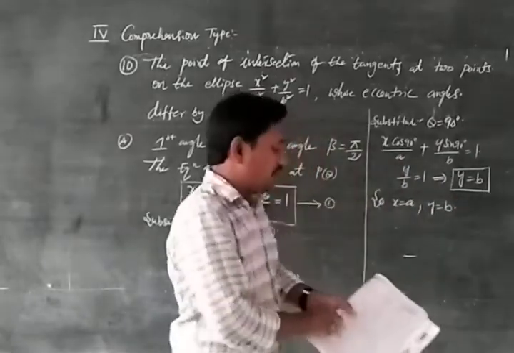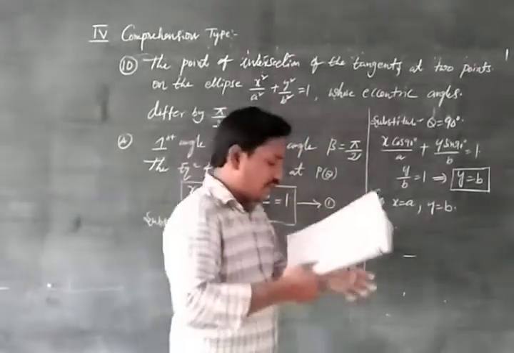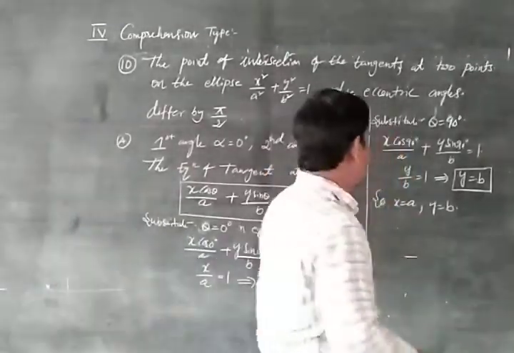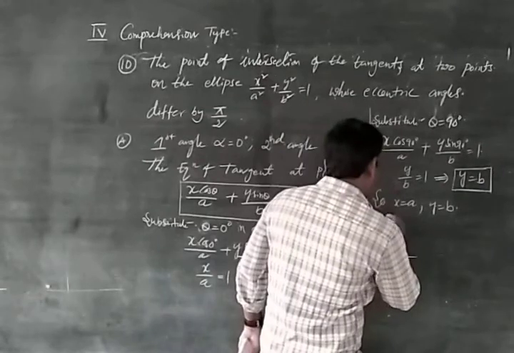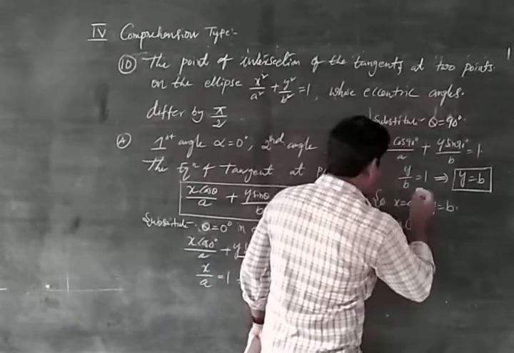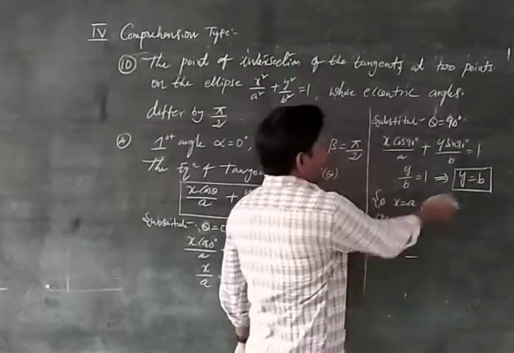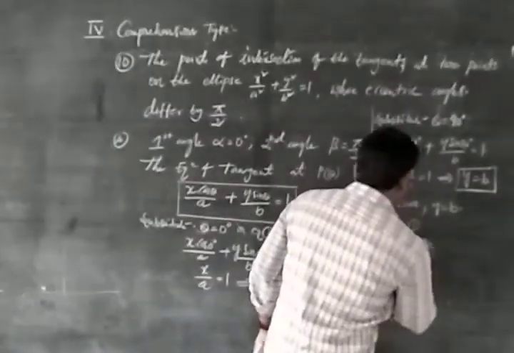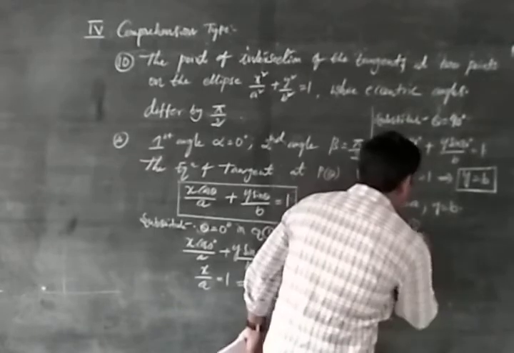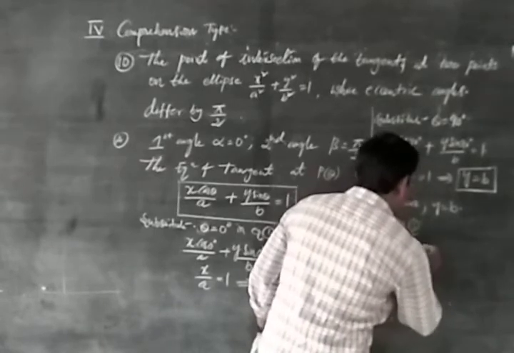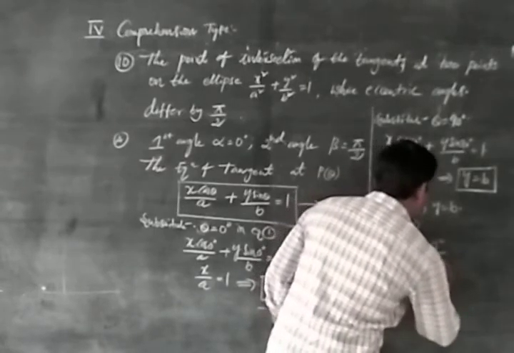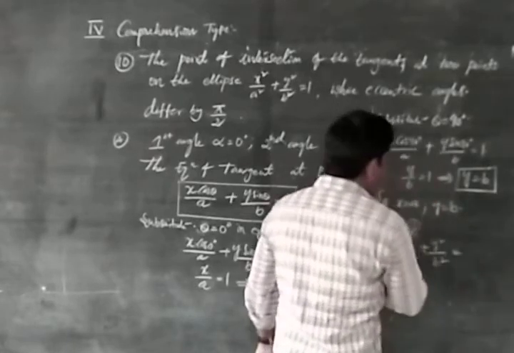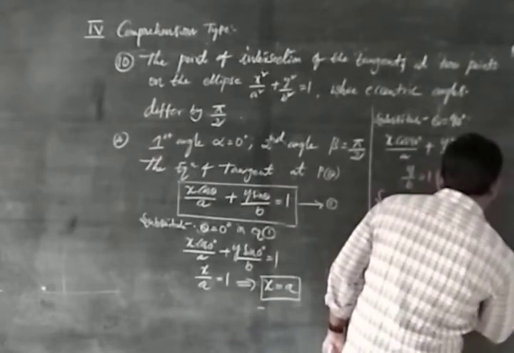Now option verification. Coming to the option verification, option 1. In option 1, substitute x equal to a and y equal to b. Option 1, x square by a square plus y square by b square equal to, what is the x value? a.